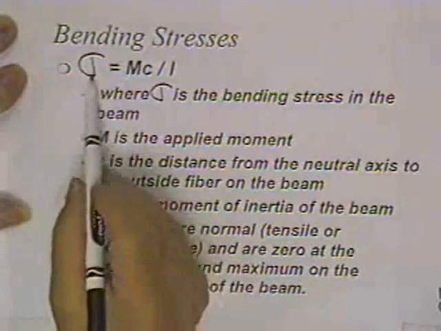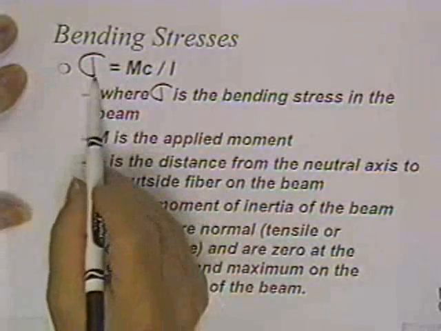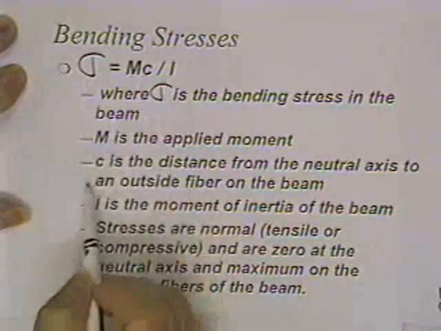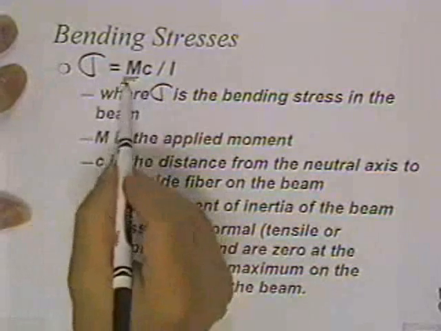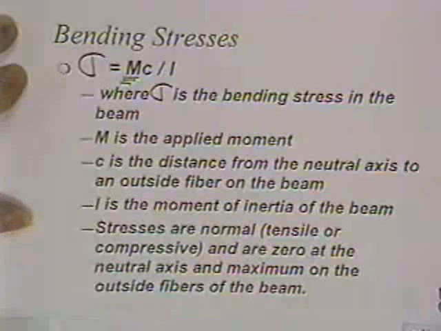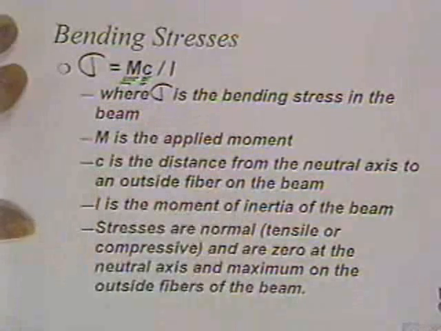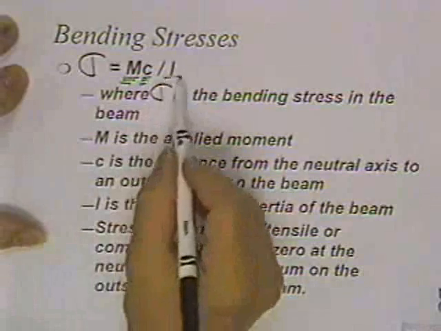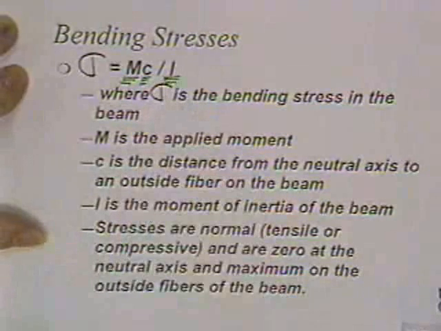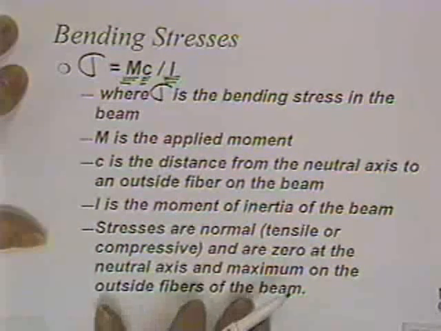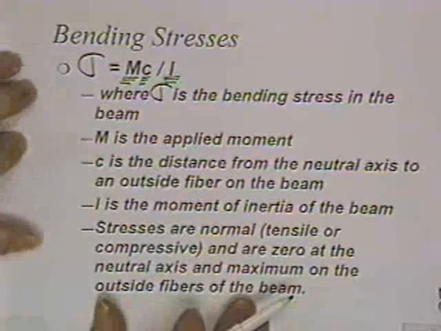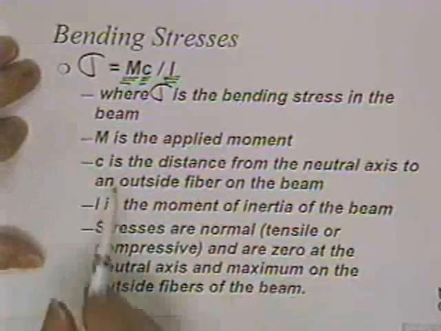The reason is the equation for how much bending stress you get in a beam is MC over I. In order to get M, you have to be able to find or to draw a shear and a moment diagram. In order to get C, you must know how to find the centroidal location of a beam. And then in order to get the moment of inertia, you have to be able to get the moment of inertia about that centroid for the beam. So it's no question a more complex operation.